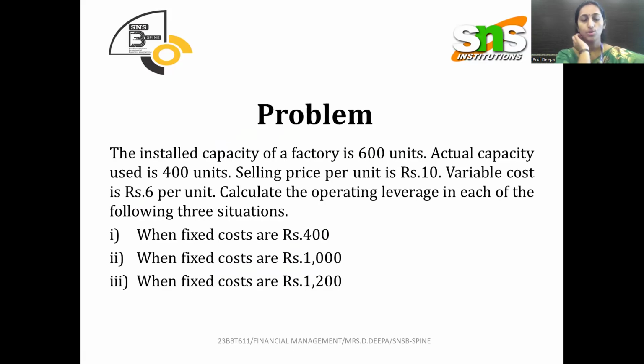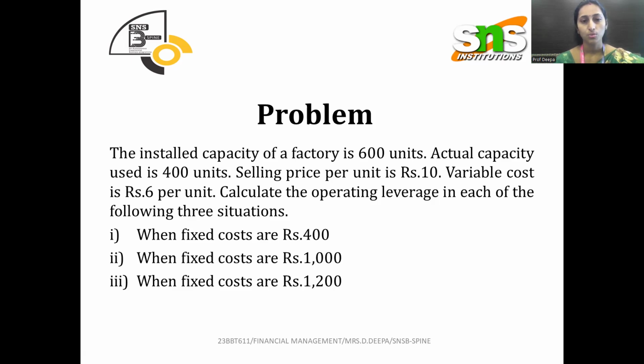The installed capacity of a factory is 600 units. Actual capacity is 400. Selling price per unit is given as rupees 10. Variable cost is rupees 6. Now we need to calculate operating leverage.